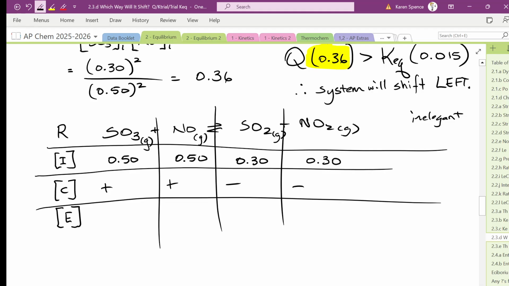You should, with a question like this, figure out which side is positive and which side is negative. You are shifting to the left, therefore your plus signs are going to go here and your negative signs are going to go on the right-hand side.